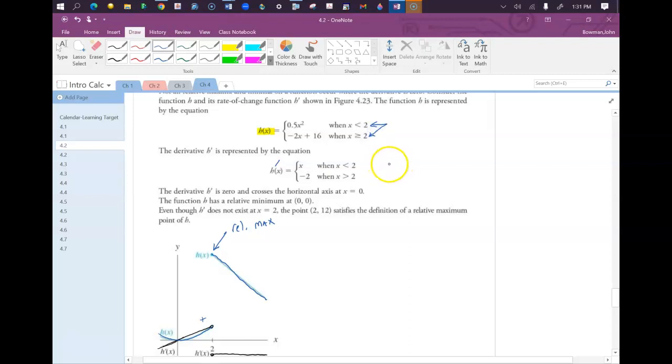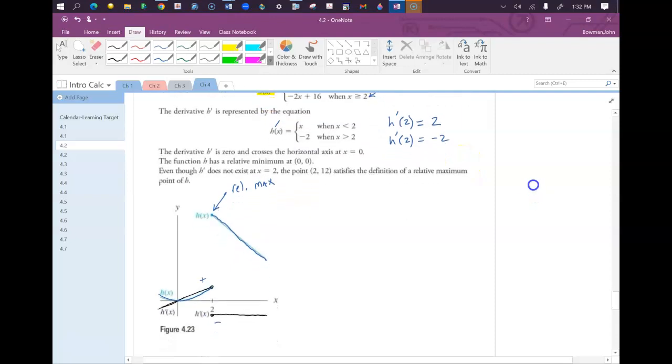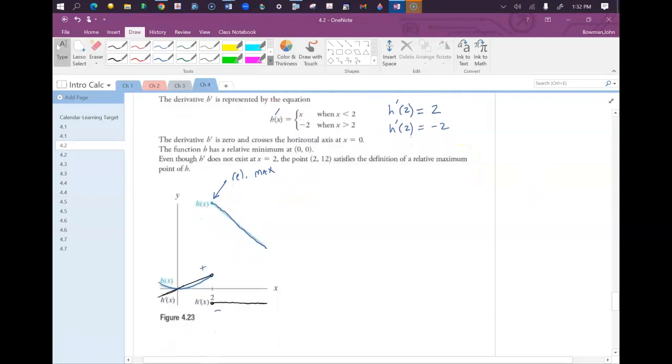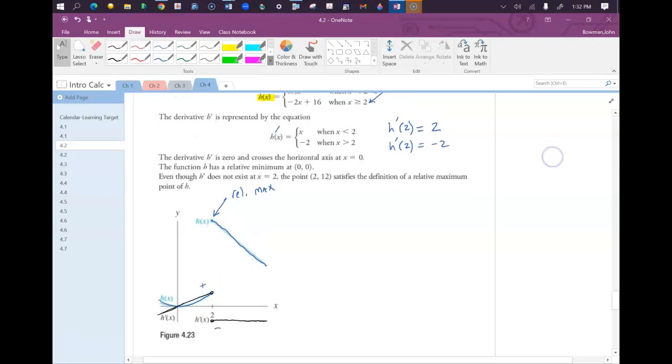So if you evaluate the derivative, when x is less than 2, you get 2, and when x is slightly greater than 2, you get negative 2. So we do have a sign change of the derivative there, positive to negative. As long as the function is defined there, we do have that relative maximum. So this point right here is the location of our relative maximum.